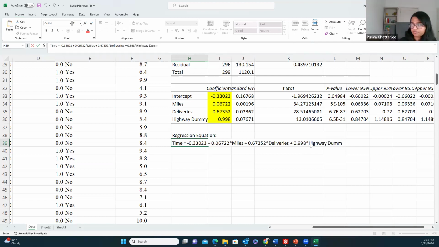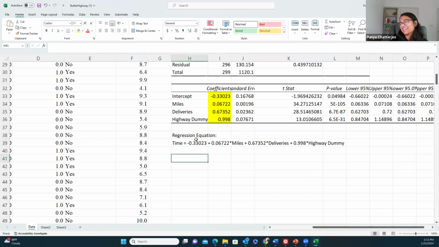Very good. All right. Thank you so much. So this is my regression equation. We all agree, right? Any questions? I guess not. So let's do a prediction.